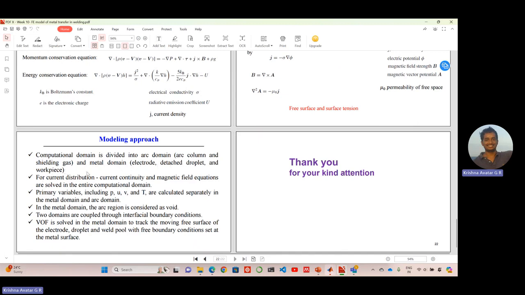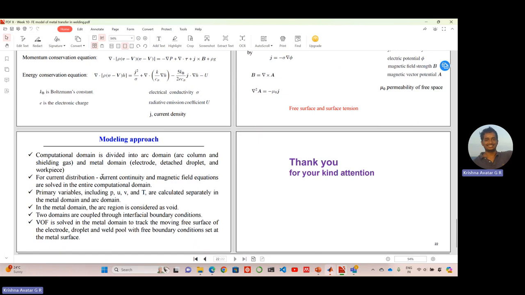Now, for the current distribution, the current continuity and magnetic field equations are solved in the entire computational domain, right? The primary variables, including P, U, V, and T, are calculated separately in the metal domain and in the arc domain. In the metal domain, the arc region is considered as void.